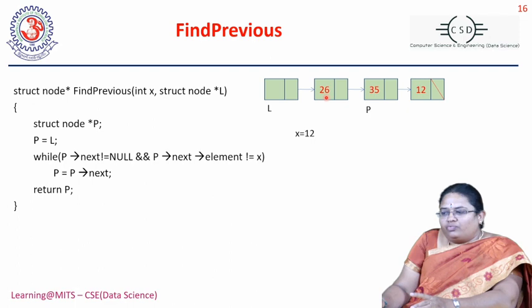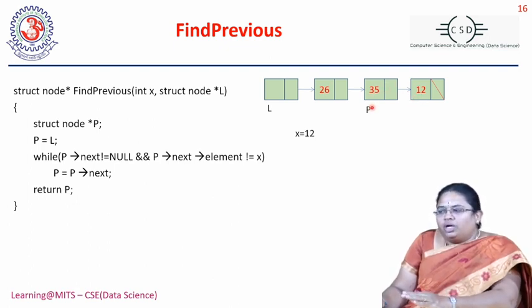When P is here, P next is not equal to null, so there is some next node, and the next node's value is equal to 12, it exits out of this while loop and returns P. So the address of 35 will be returned, that is the previous of 12. So the previous position is returned.